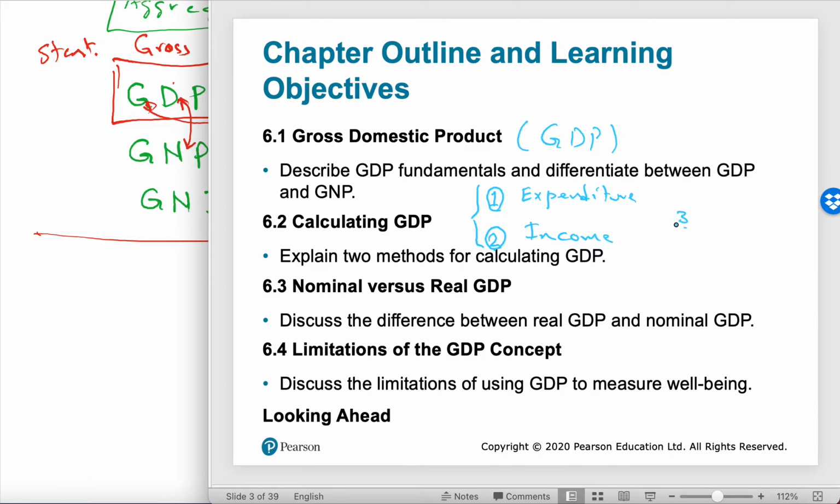The third way is called the value added approach. This is also another way of measuring the aggregate output. So we are explaining the value added, but generally speaking, it's like a mathematical formula which you can reach the solution to in different ways. Okay, so those are the different methods by which we calculate the aggregate output, namely the gross domestic product.